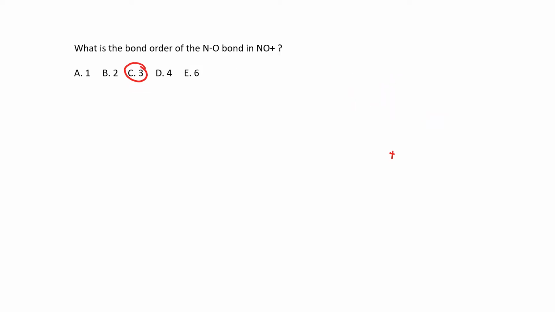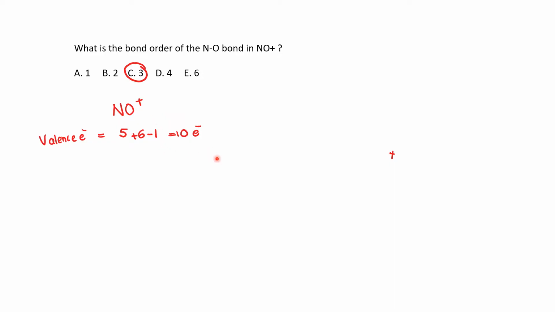What is the bond order of the NO bond in the nitrosonium ion? For that, we count the total valence electrons in the molecule. Nitrogen brings 5 electrons and oxygen brings 6 electrons, and since it is a positive charge, we take off 1 electron.